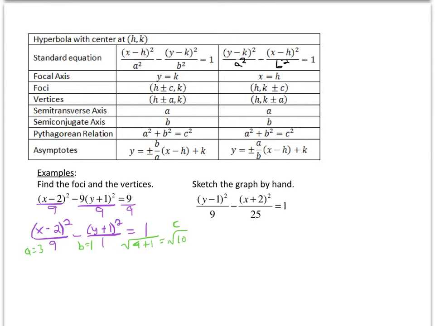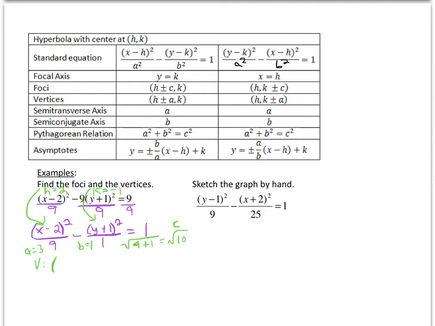So for our vertices, this time we're looking up here at this h plus or minus a, comma k. Our h is 2 from our center point. Our k is negative 1 from our center point. I could have gotten it from this instead, actually, whichever.